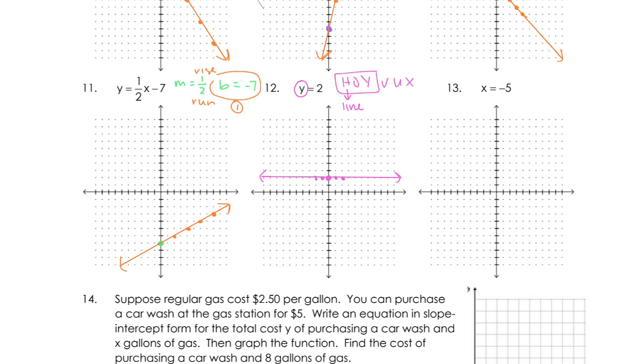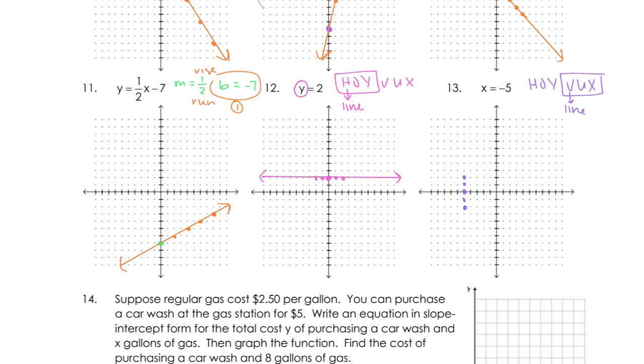So then looking at 13, I see x equals a number. So again, I'm going to put Hoy-Vux here. And then the only one that has x in it would be Vux. And the V tells us what the line looks like. It's a vertical line, and it has to cross the x-axis at -5. So 1, 2, 3, 4, 5 to the left would be here. A vertical line goes up and down, so I'm going to add some points here.